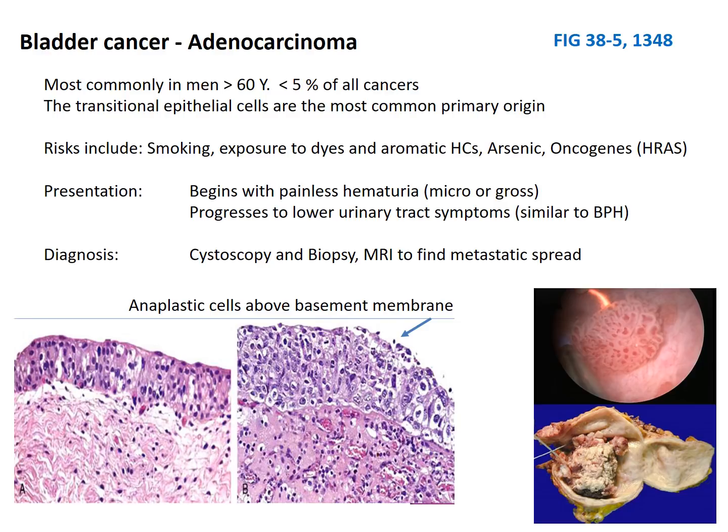All right, so just really quick, but again, adenocarcinoma, things to be aware of are the risk factors, the hematuria, and the growth of that cancer potentially leading to urinary outflow obstruction. And again, the principles of anaplasia and carcinoma in situ demonstrated again in this type of epithelial cancer.